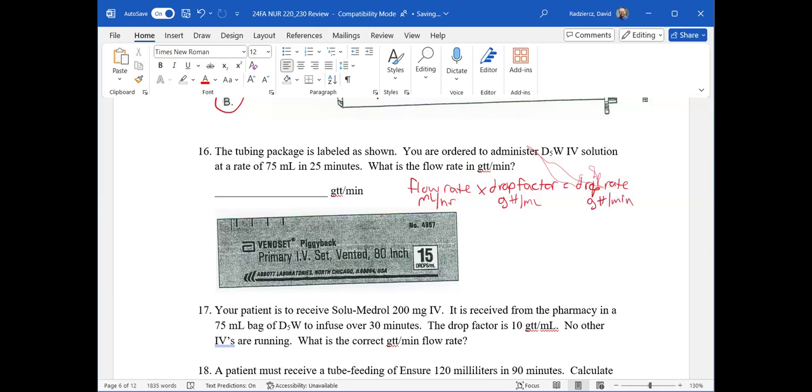And so when we calculate a flow rate and we calculate a drop rate, you just need to make sure you have these 2 pieces of information. So it tells you you are to administer an IV solution at a rate of 75 milliliters in 25 minutes, and then to look at the label for your drop factor. So all you're going to do is take the volume, 75, over the time, 25 minutes, and then multiply it by the drop factor.